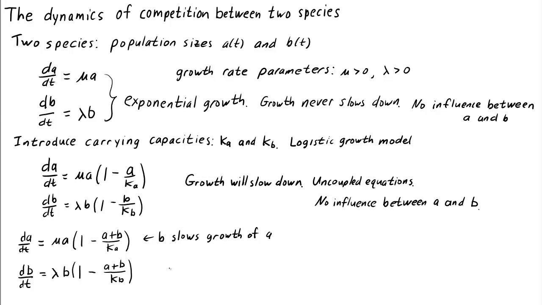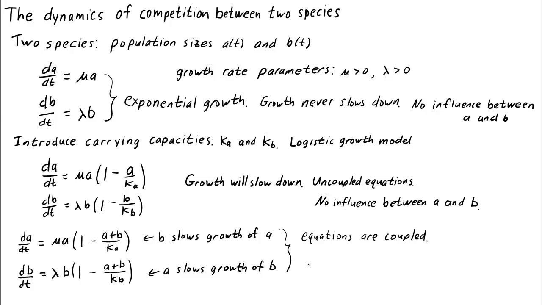And vice versa, since the equation for B is multiplied by 1 minus (A plus B) over K sub B, as the population size A increases, it will slow down the growth rate of population B. It's as though B uses up some of the carrying capacity for A, and A uses up some of the carrying capacity for B. This means that the equations are coupled, meaning the equations depend on each other.